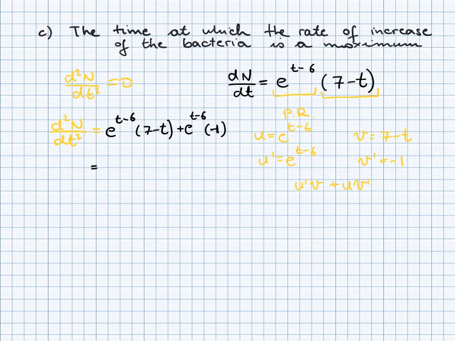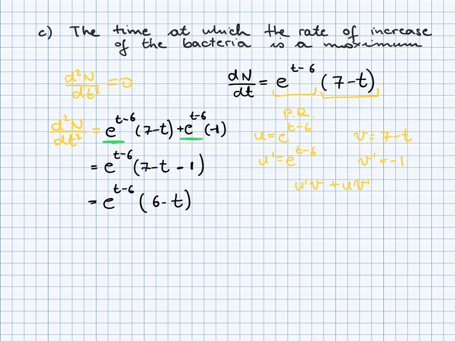Let's see if we can simplify this. Yes, the common factor we take out in front of the brackets. What are we left with? 7 take away t, and then take away 1, so e to the power of t take away 6 times 7 take away 1, which is 6 take away t. Again, when is the second derivative equal to 0?